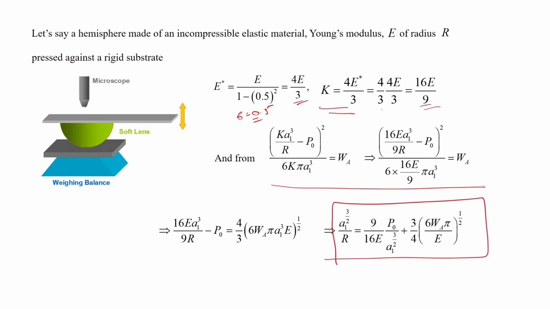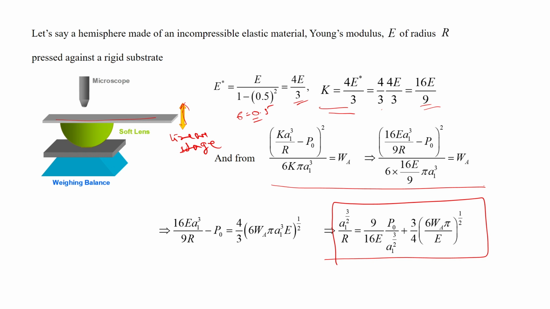Here the experiment is done something like this. We have a deformable sphere of the material which is attached to a motorized stage, actually a linear stage, which is displaced with very small displacements.